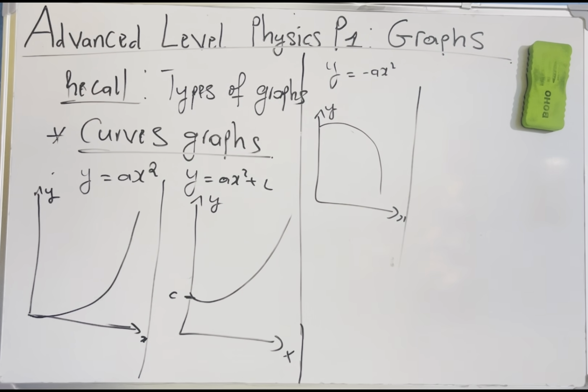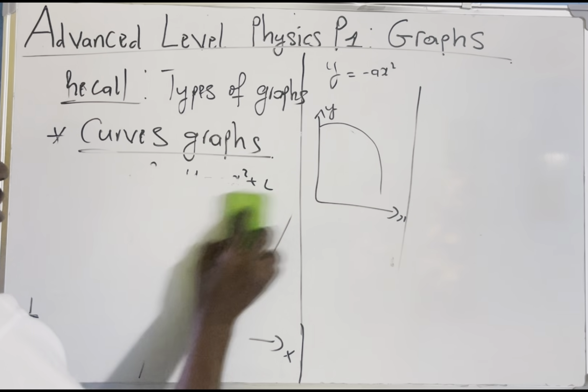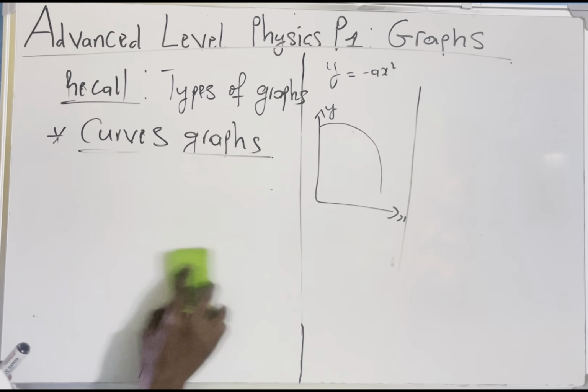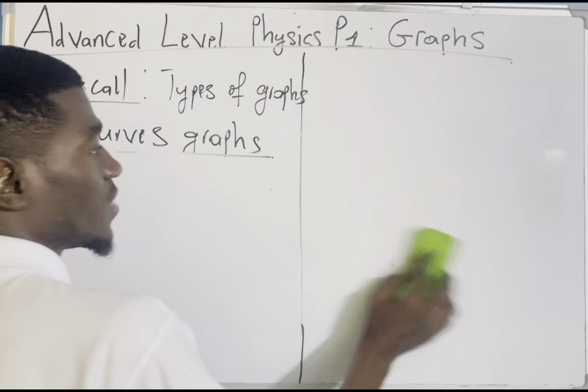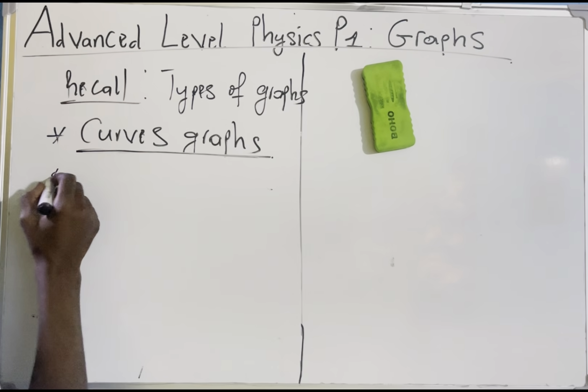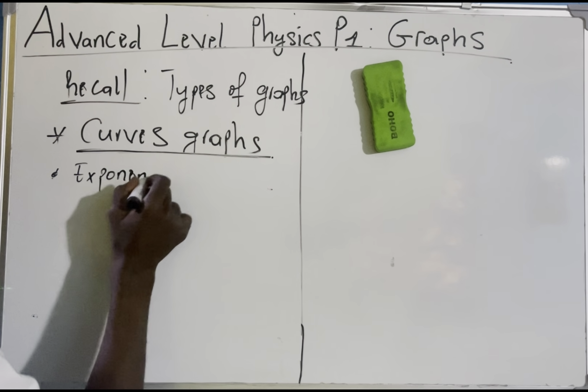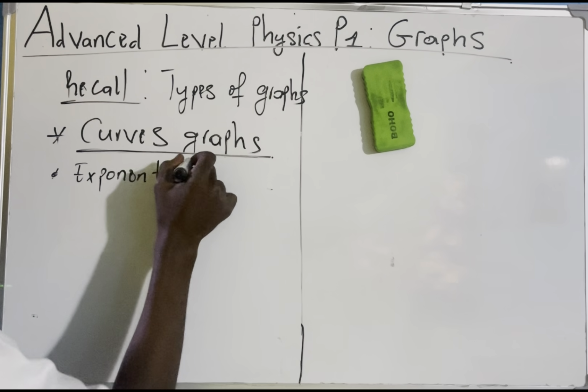We can still have a curve in the form of an exponential decay curve or charging curve. We can have other forms of curves. This is what we call exponential.